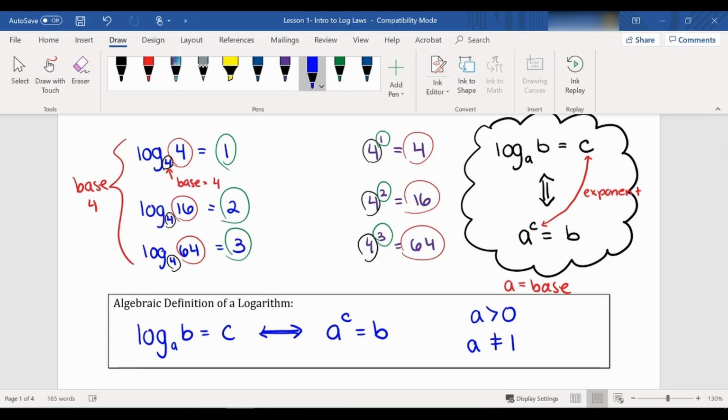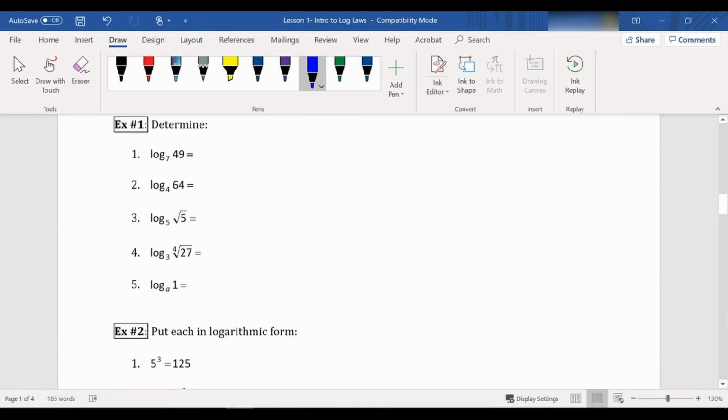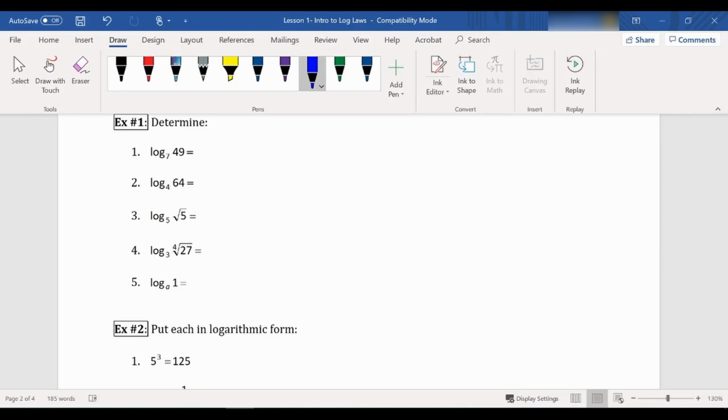We're going to try a couple of these. So if I had log base 7 of 49, what I'm really trying to figure out is 7 to what power gives me 49? Well, 7 squared gives me 49. So log base 7 of 49 would equal 2.